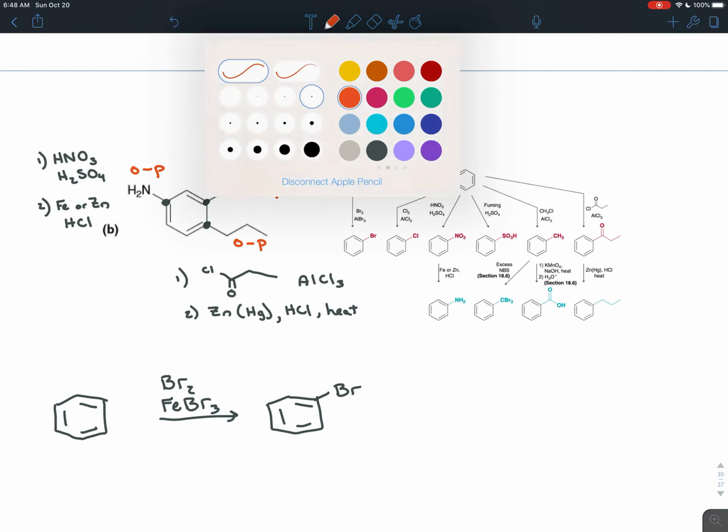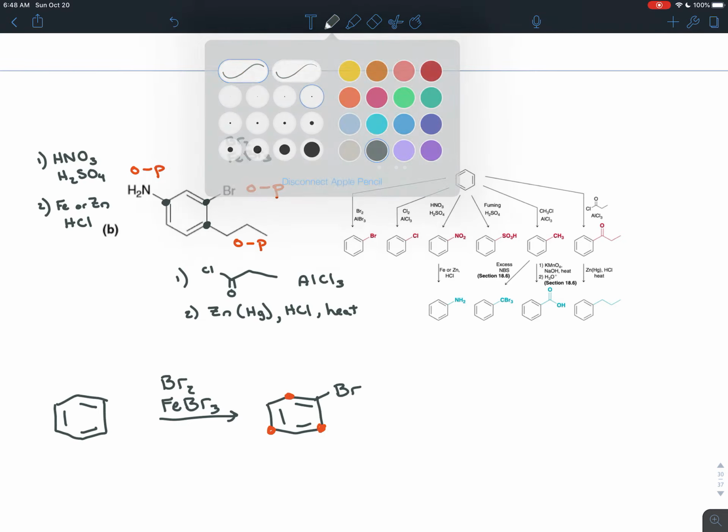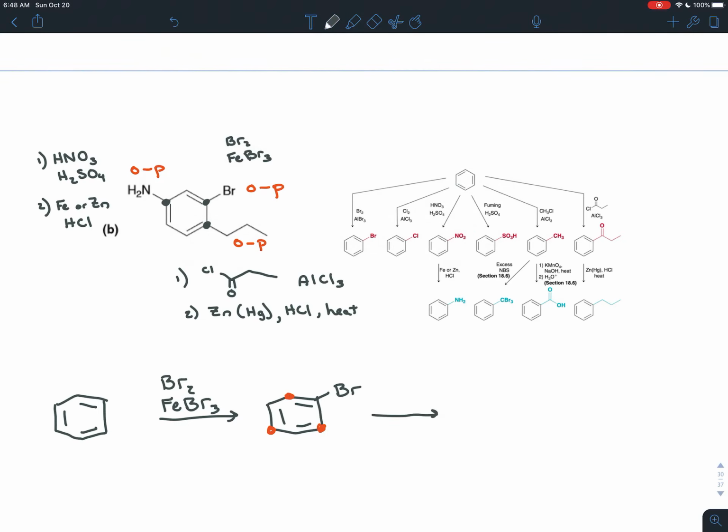So now that bromine is an ortho-para director. That means that whatever we put on next would add to one of the ortho positions, and it'll also add to the para position. So I'm going to put on this ortho branch here, because we won't be able to put this NH2 group meta. So I'm going to put on the other branch, the alkyl branch.